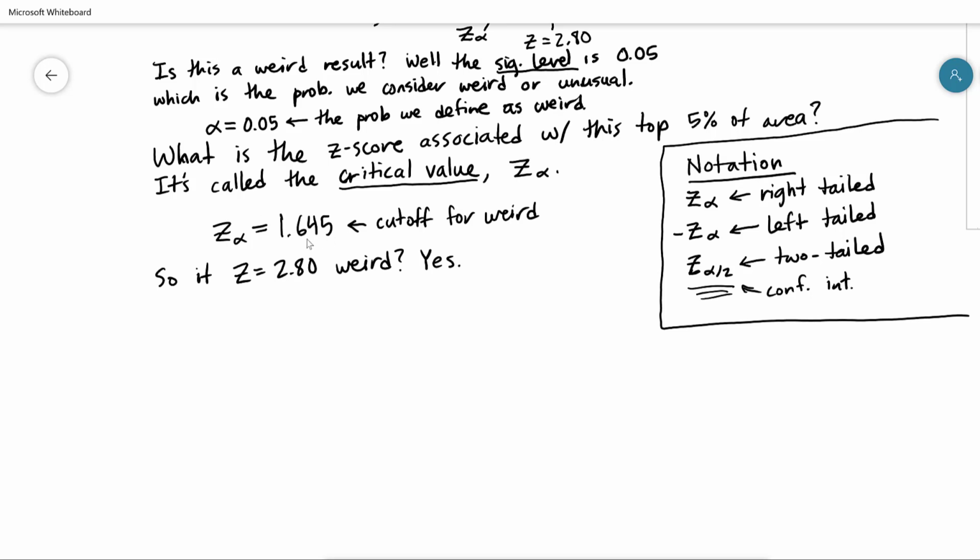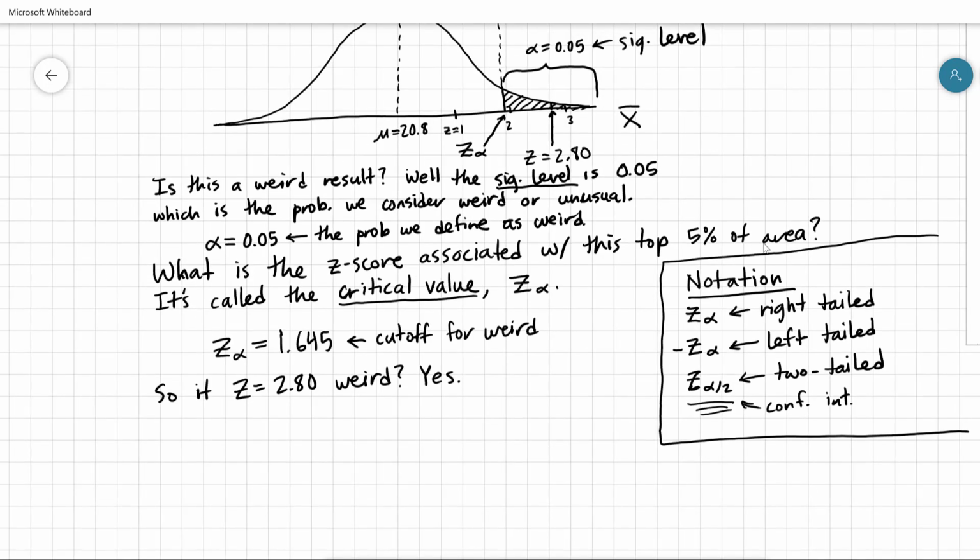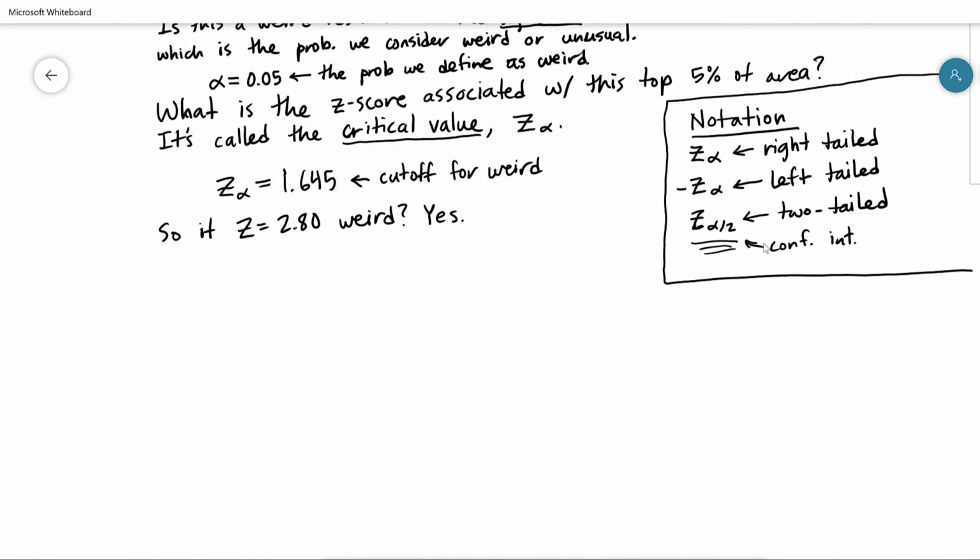Anything bigger than this is going to be considered weird. This is definitely bigger than this. So that is the critical value method. In the critical value method, we compared these two z-scores.